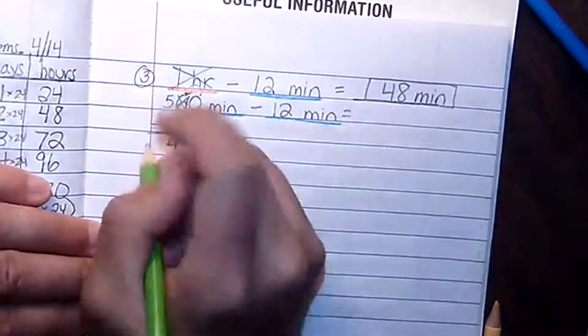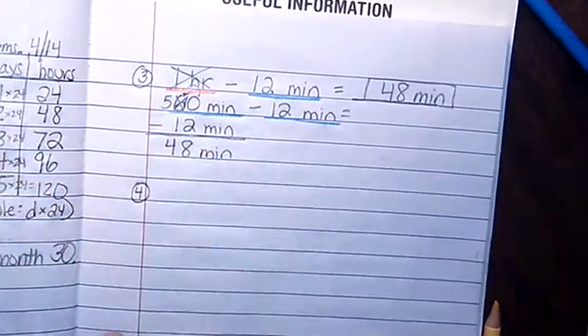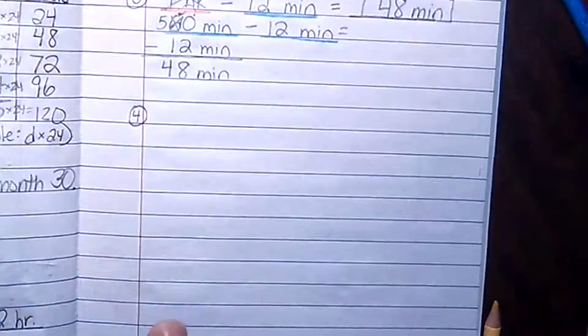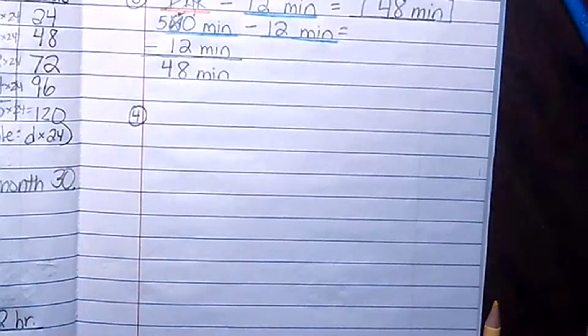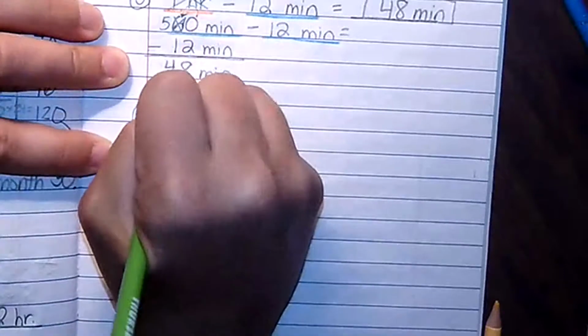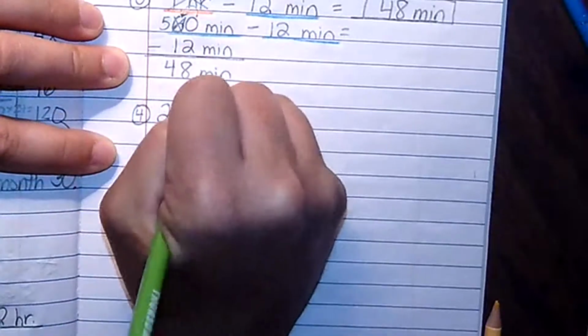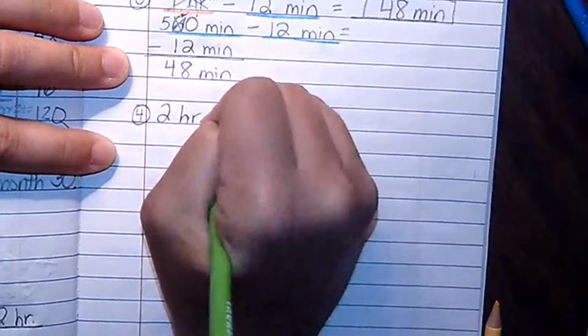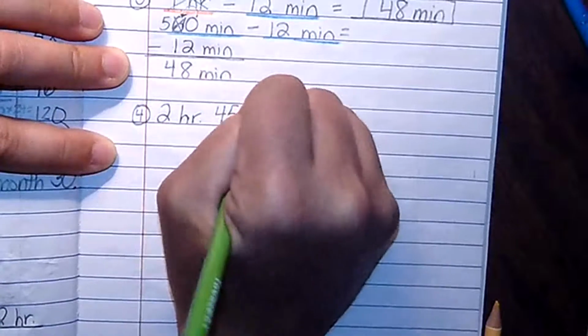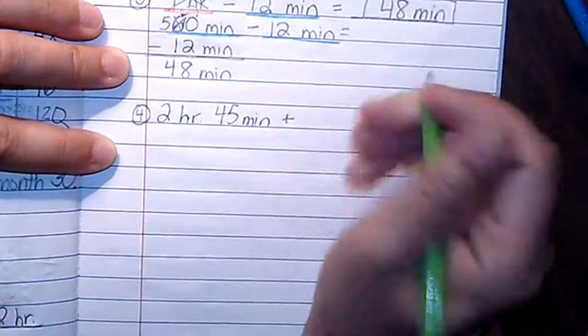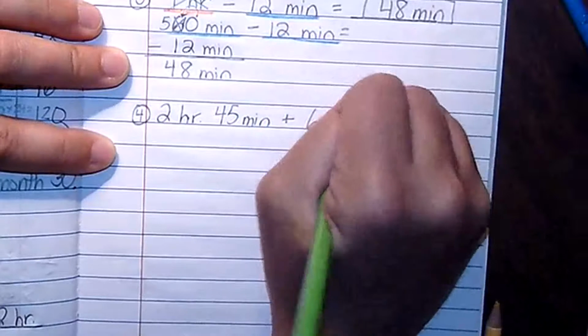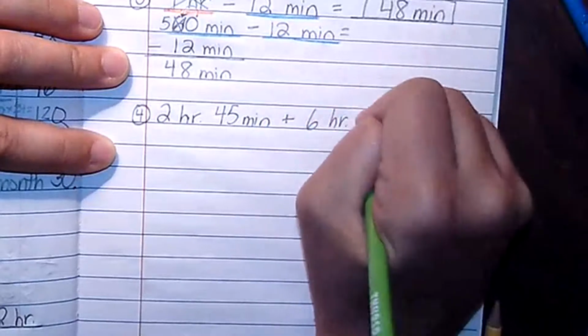All right, let's try one last one like this, and we're going to change it. Number 4. Number 4 says, what if I had 2 hours, 45 minutes, and I want to add 6 hours and 25 minutes?